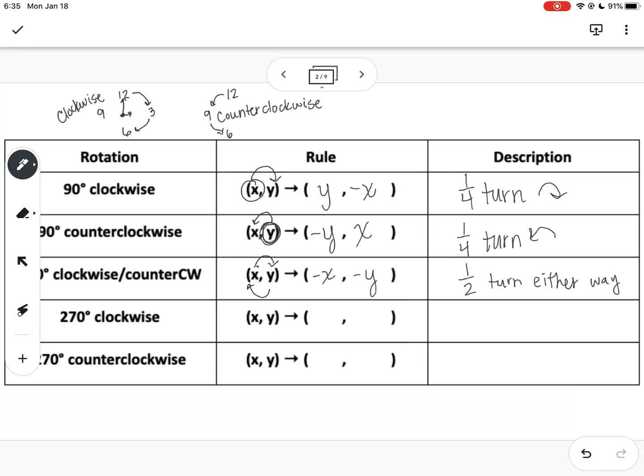All right, next we're going to talk about a 270-degree clockwise turn. I like to think about the clock whenever I'm thinking about these. A 270-degree clockwise rotation is going to go 3/4 of the way around.